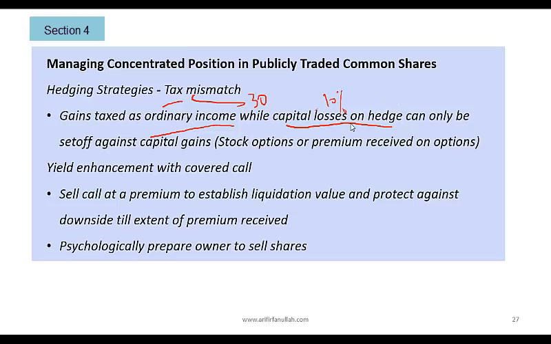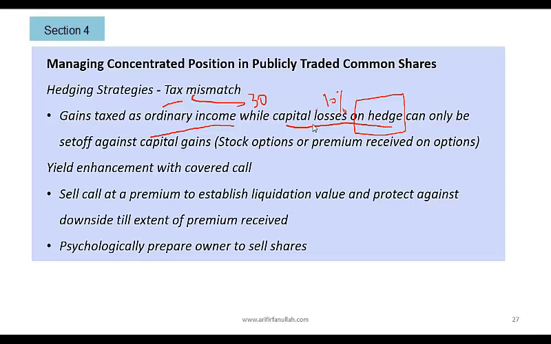Capital losses that you incur on a hedge are not deductible against ordinary income, because they can only be set off against capital gains. Stock options are usually part of your salary benefits.